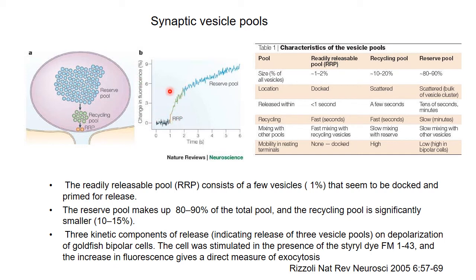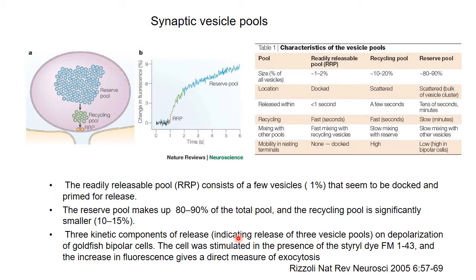So if we measure, for example, when they use that FM dye, the readily releasable pool of the vesicles is released very quickly, almost instantaneously. Then it takes a little bit longer, when you keep constantly stimulating those presynaptic neurons, to release the recycling pool, and it takes much more stimulation and much longer time to release the reserve pool, which is thought to be 80 to 90%.